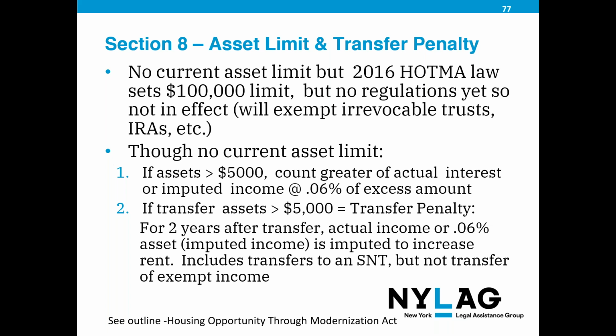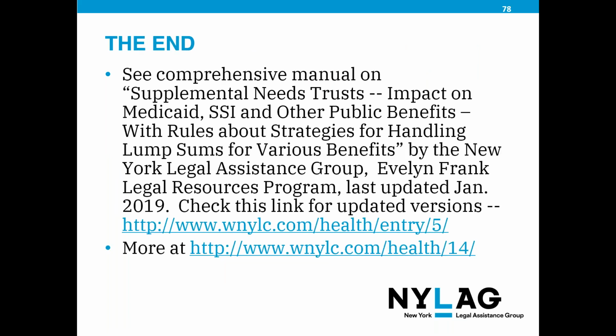The only limit in effect now is that if assets are over 5,000, then they'll deem a certain amount of interest on the amount over 5,000 as income, which could increase rent. And if you transfer assets over 5,000, then they'll impute income in the same amount to the transferred assets. So it's really a very minimal amount.